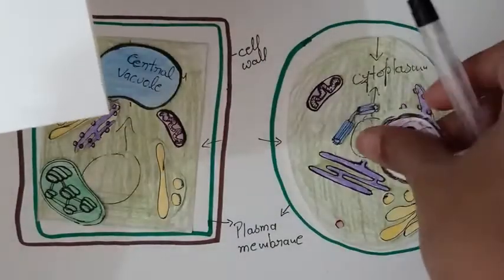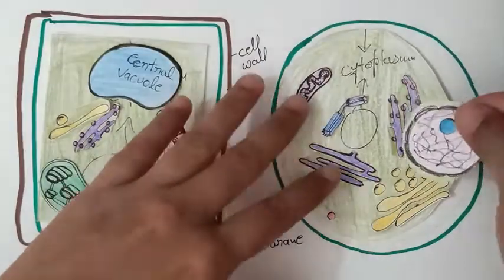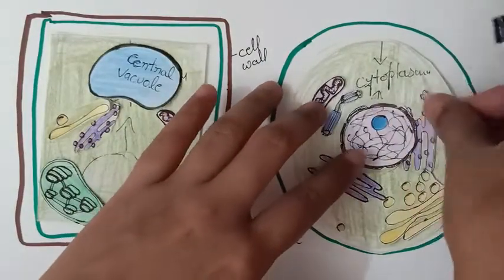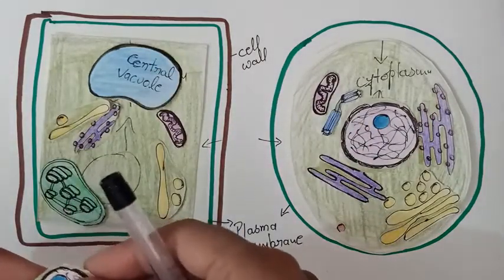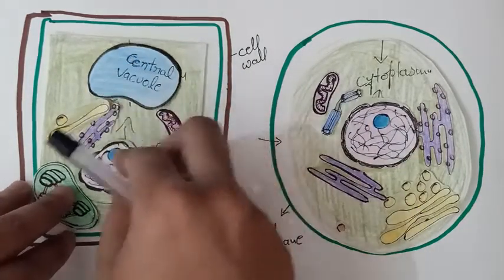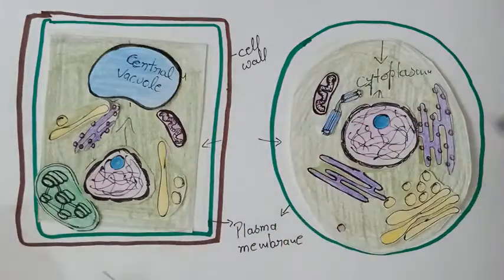So in animal cell the nucleus is present at the center, whereas in plant cell it is present at a corner.